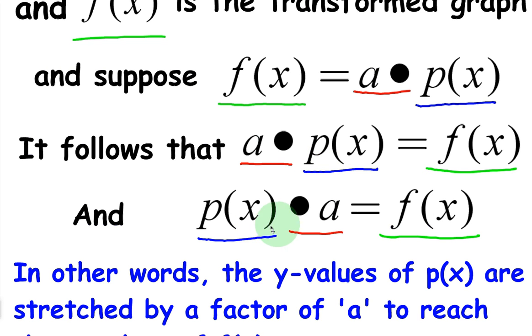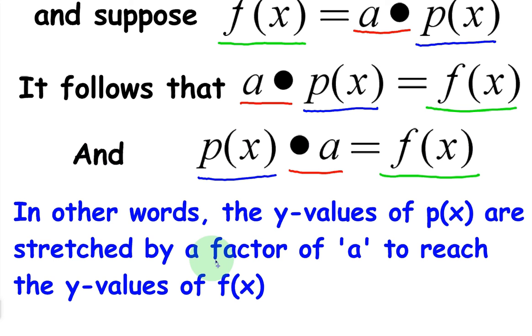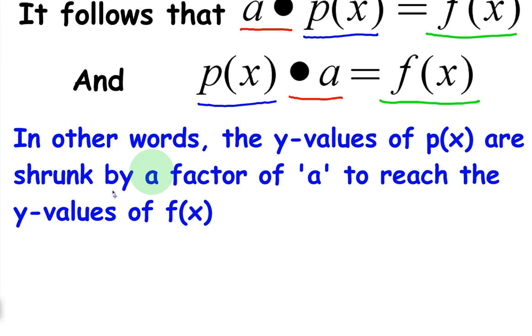Whatever that number is, just take your p values and multiply them by that number to get your transform f of x y values. In other words, the y values of p of x are shrunk by a factor of a to reach the y values of f of x. And by the way, they're keeping the same x values.